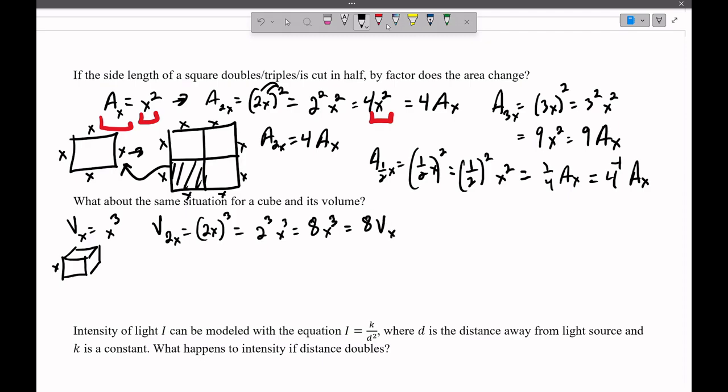Once again, this x cubed is right there, which means it's just V of x. So if we double the side length of a cube, we actually get 8 times the amount.